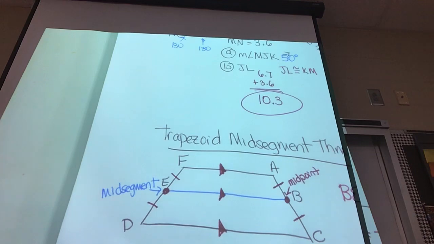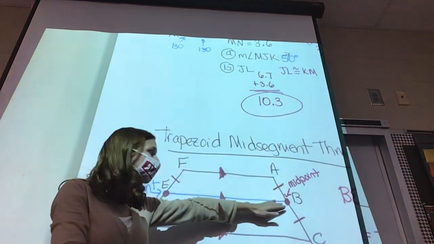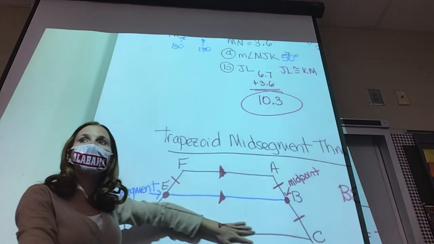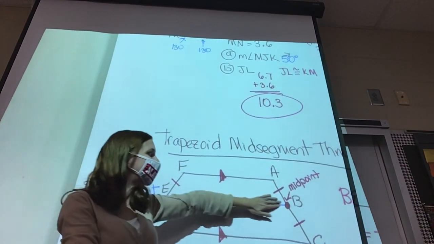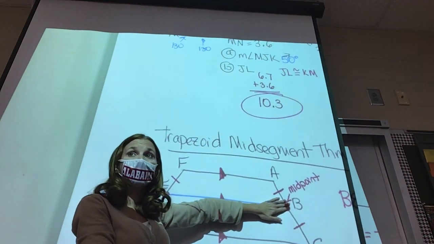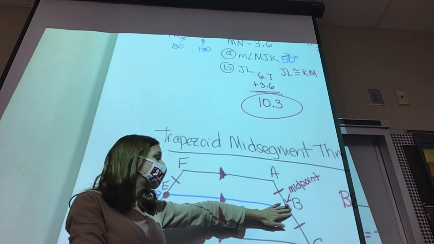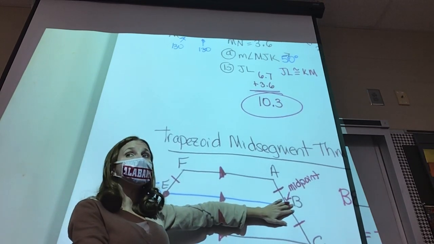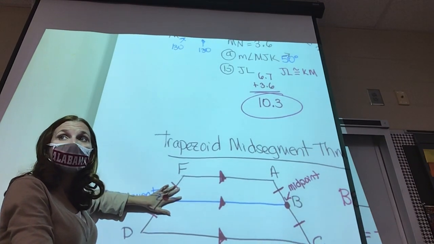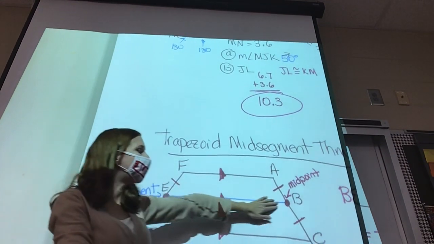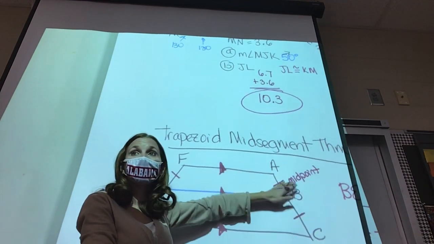Okay, you just lost me. Your mid-segment, I get this part in here. Yes. Now, that mid-segment, when it touches this leg over here, it's going to divide that in half. Is that for both sides? Yes. Now, I'm not necessarily saying that this side is going to be equal to this side. All I'm saying is that when it touches this side, it has cut these two in half.